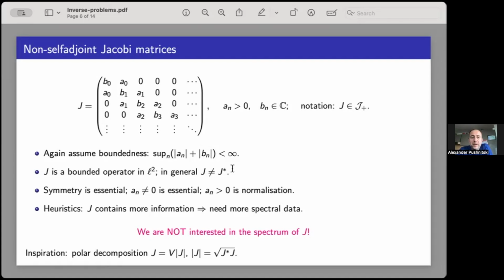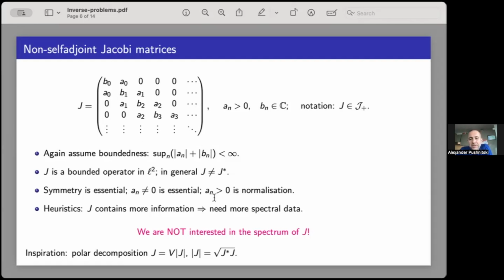So here, let me again comment on this condition. The symmetry is essential. It's essential that here I have A1 and not some other number. This is built into our construction. And again, it is essential that these A_n are non-vanishing for the same reason as before: we don't want this matrix to split into blocks.